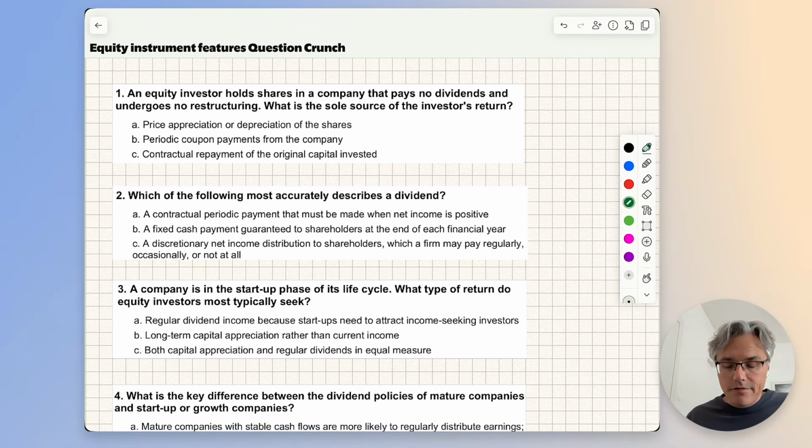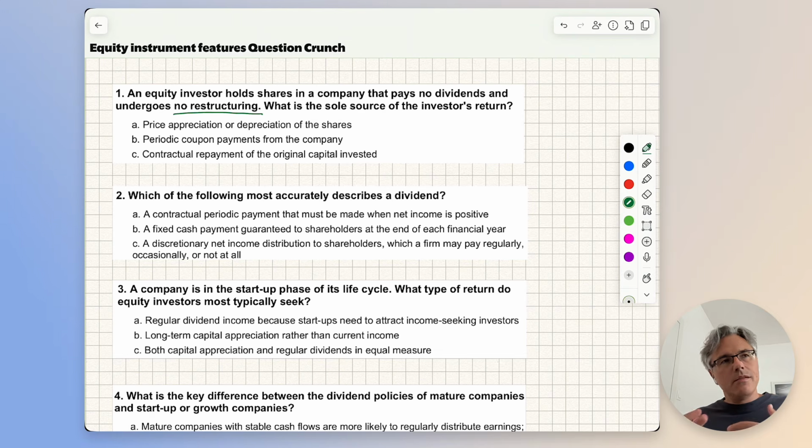So let's get started. The first question reads: an equity investor holds shares in a company that pays no dividends and undergoes no restructuring. What is the sole source of the investor's return? Now, before we answer the question, let's just understand why this idea of no restructuring was mentioned.